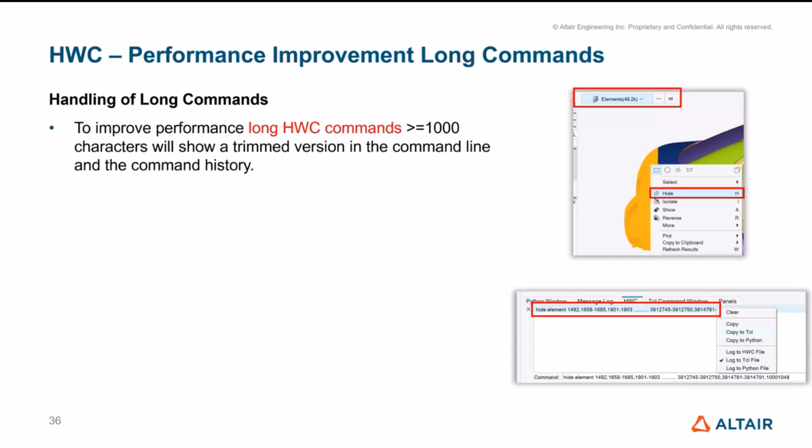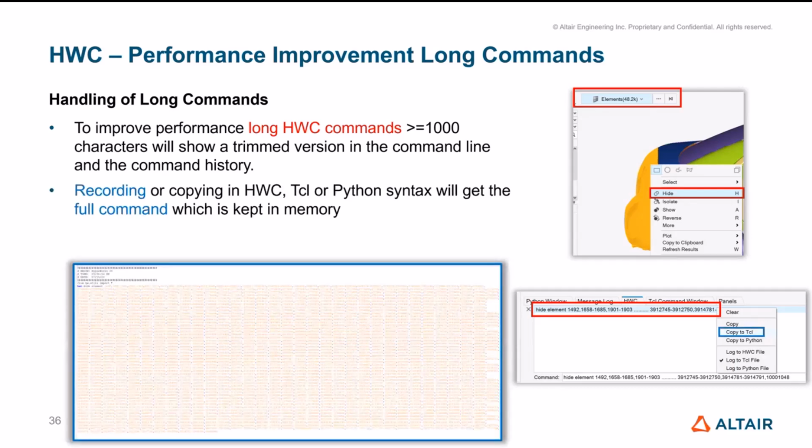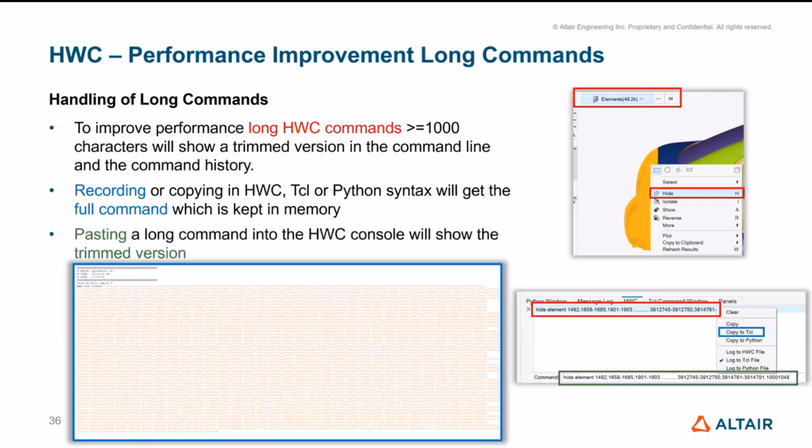So if you have longer commands than 1,000 characters, it will show the trimmed version. And the recording, or copying for an HWC, TCL, or Python syntax, will of course show the full thing. So you don't lose anything. When you paste a long command into the command line, it will be trimmed down immediately. So you cannot edit inside of this if you see the 3 dots.